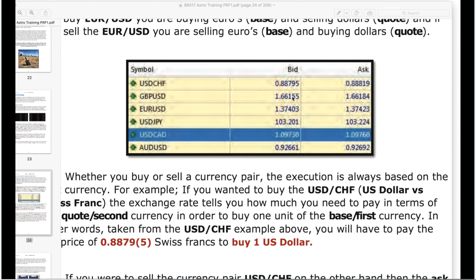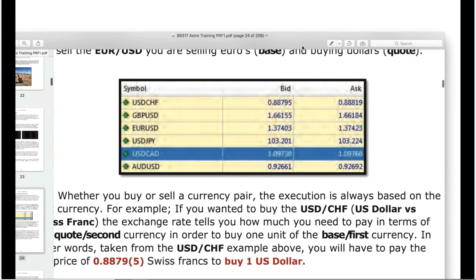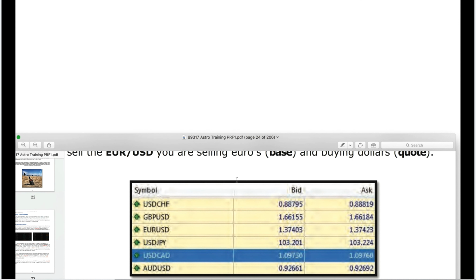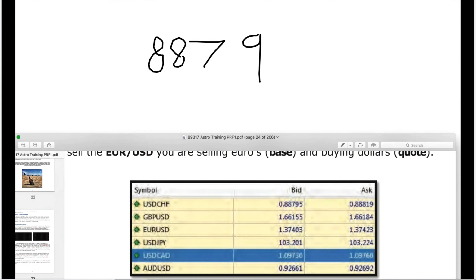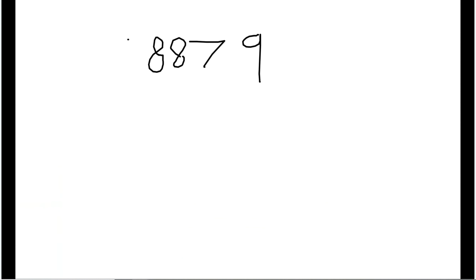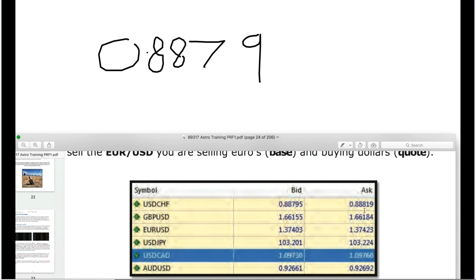So USD Swiss franc, let's do this one together. The bid is 8879. That's 0.8879. And the ask is 0.8881.